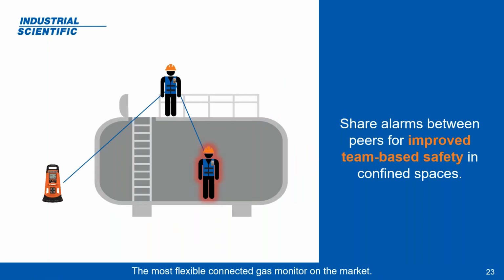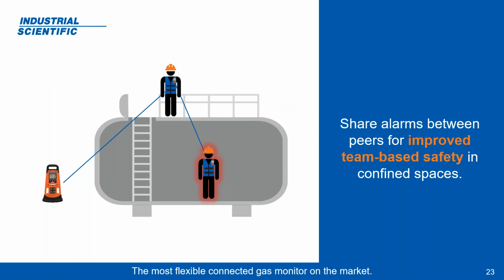This is an example, just very quickly, of using this system within a confined space application, where you have an entrant within the space. He has a Venice Pro. He may go into a man-down situation or encounter a gas situation that puts him in danger and puts his instrument in alarm. That alarm is communicated out of the space to your attendant, the hole watch, who also has a Venice Pro, or maybe to a Radius monitor that's being used outside the confined space to monitor it.